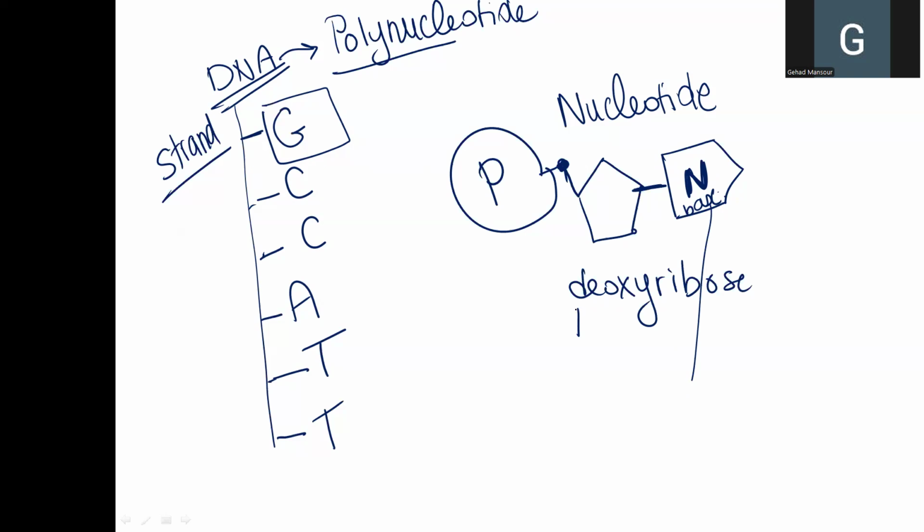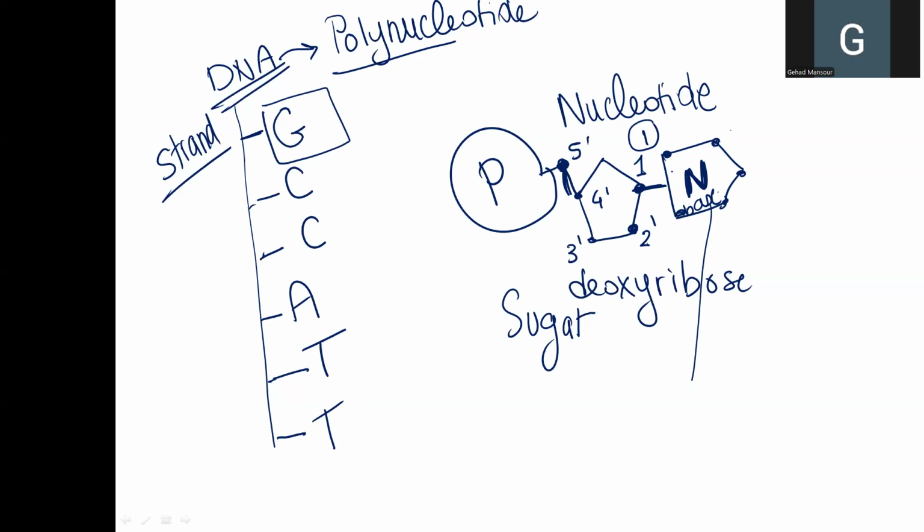The deoxyribose, of course, is a sugar, and it is a pentose sugar, meaning that it consists of 5 carbon atoms: 1 prime, 2 prime, 3 prime, 4 prime, 5 prime, which is the side chain. Why do we put the prime? Because there are other carbon atoms here. We don't write the letter C for carbon atoms that are numbered 1, 2, 3.